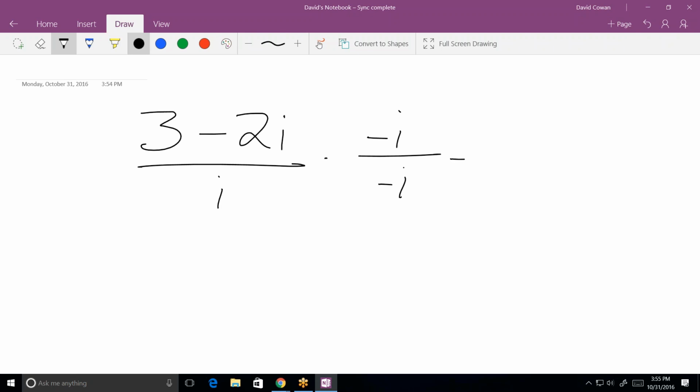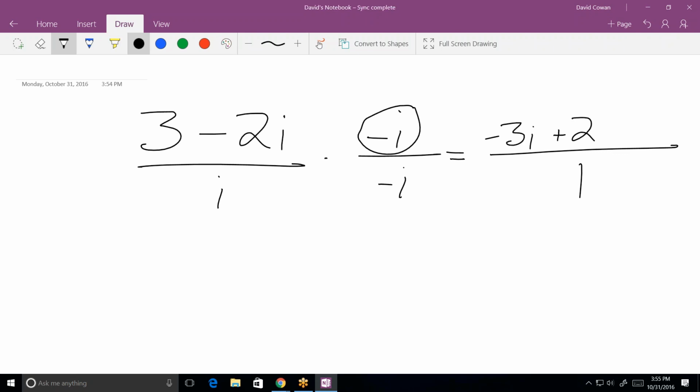And now notice the bottom becomes negative i squared, or 1. The top becomes what? 3 plus 2i times i. You have to distribute that. Oh, okay, yeah, so it's 3i plus 2i squared.